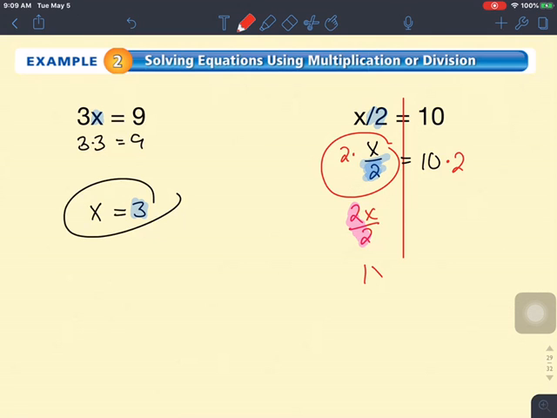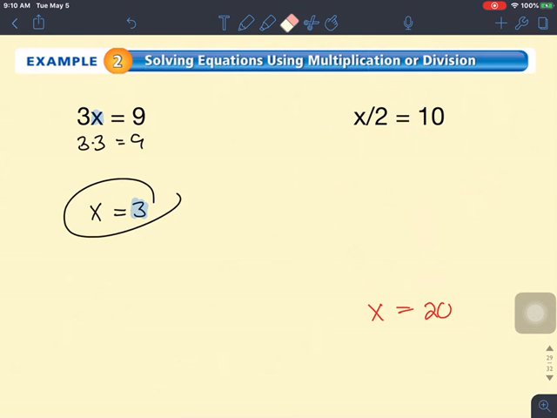That is 1x, which is x. And what is x? It is whatever this becomes. 2 times 10 is 20. So we believe that our solution is 20.